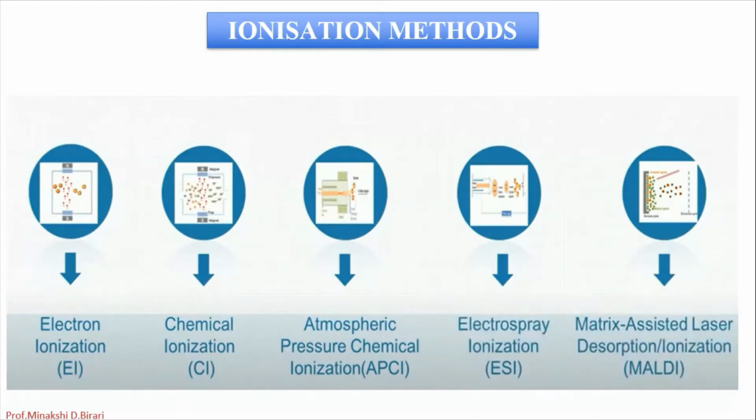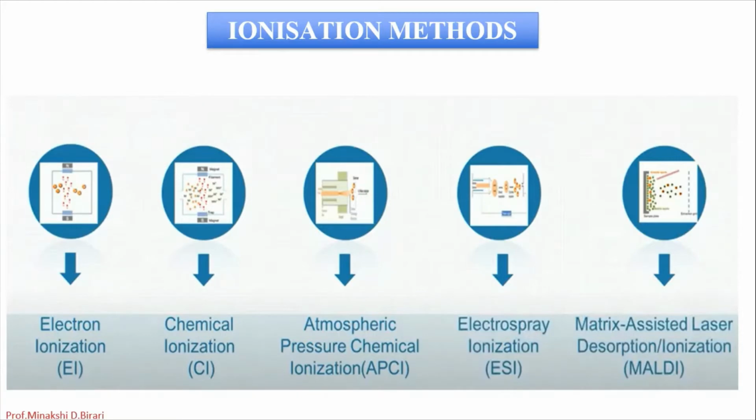Ionization techniques can be categorized into two parts: hard ionization techniques and soft ionization techniques. Hard ionization techniques involve higher energy, and the number of fragment ions will be higher, but the number of molecular ions will be lower.